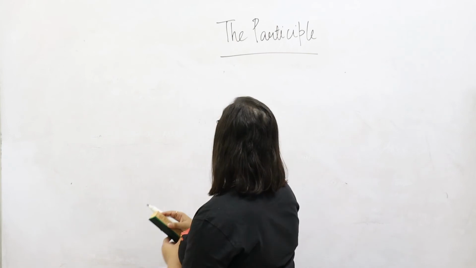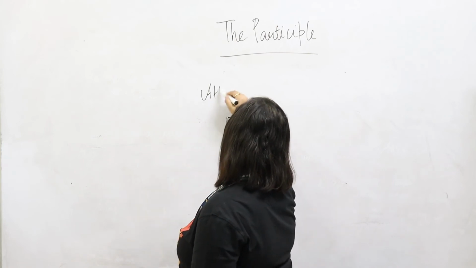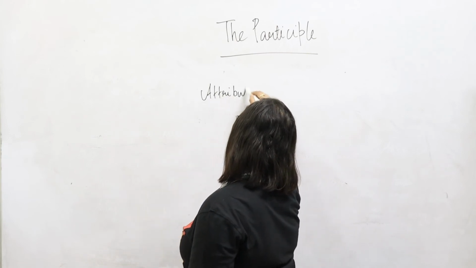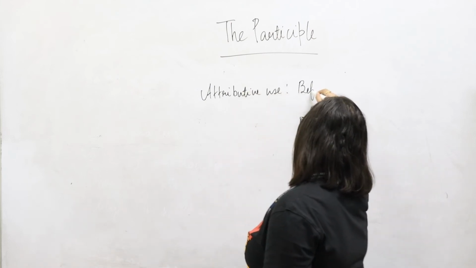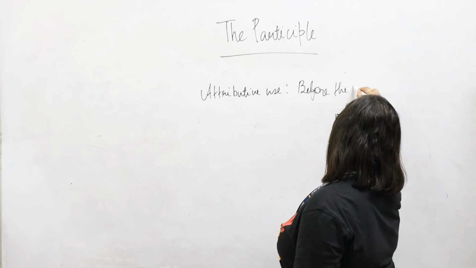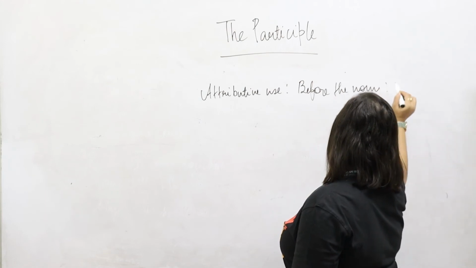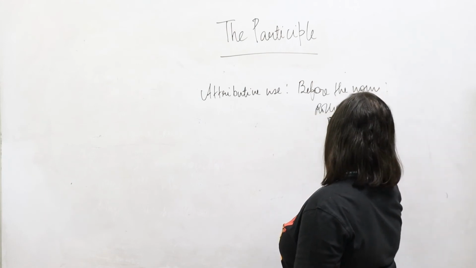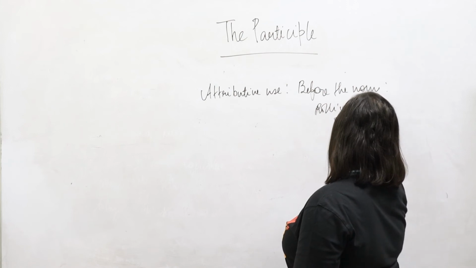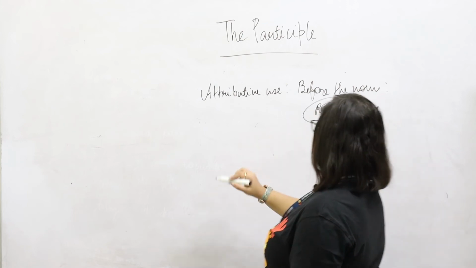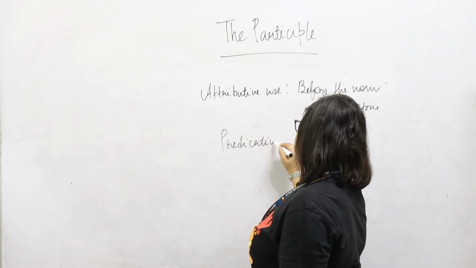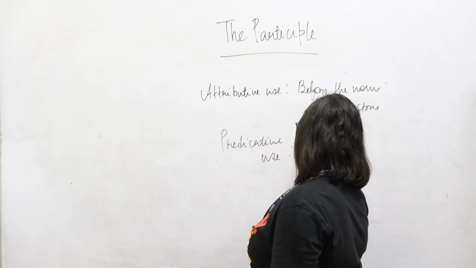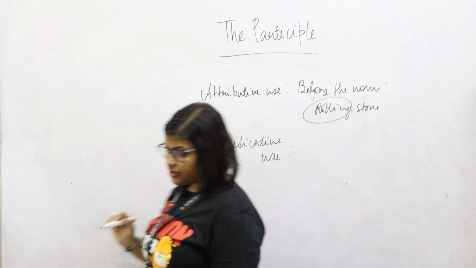The attributive use would be before the noun, like a rolling stone. We are defining the stone. And the predicative use would be in the predicate of the sentence.